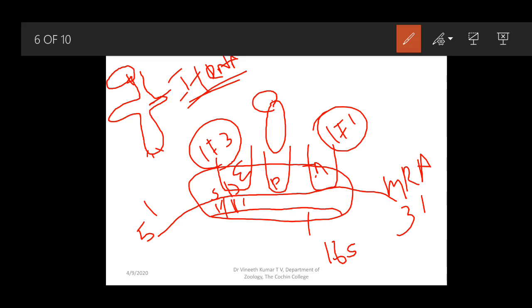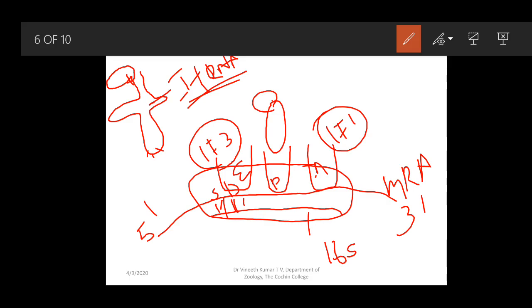So the first tRNA that enters in the case of prokaryotes is a formyl methionine, because an extra formyl group is attached to the methionine only in the case of prokaryotes, and that too only in the case of the initiator methionine. All the other methionines will be normal.